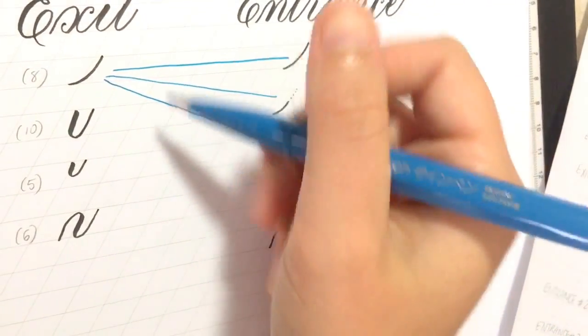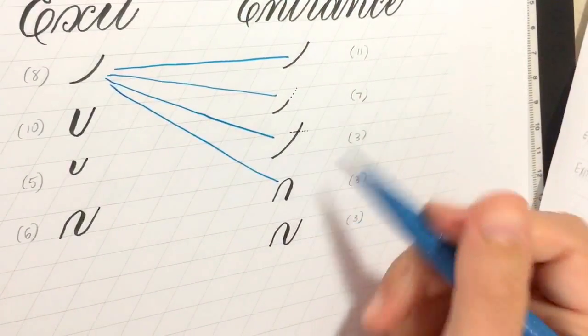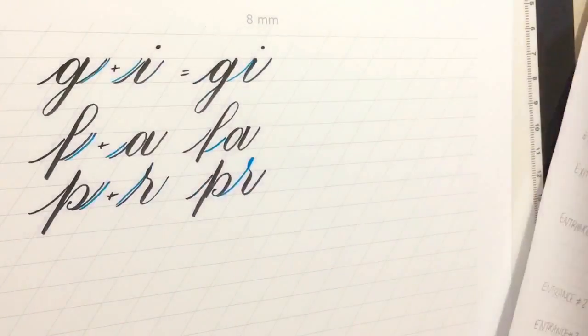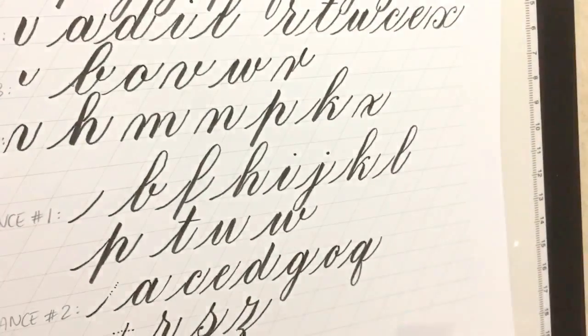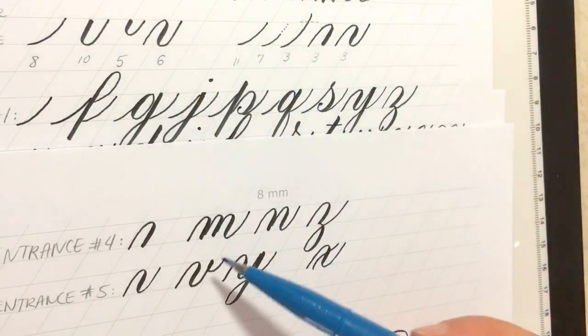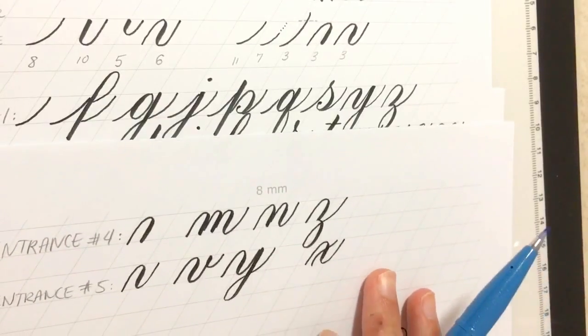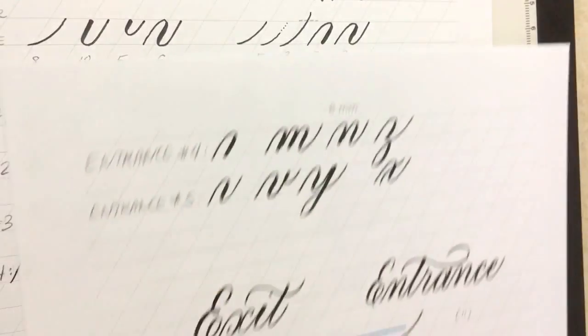The second last connection from the exit stroke goes to the overturn. All right, so we need to pick an exit stroke from group 1 and one of these letters. So let's do S to M, like in the word small.